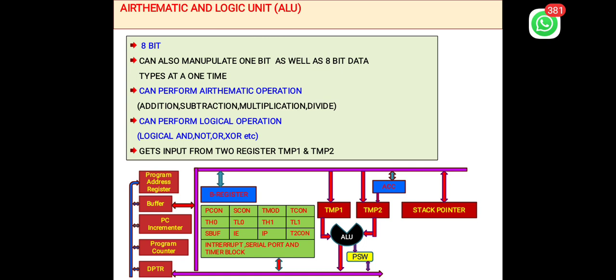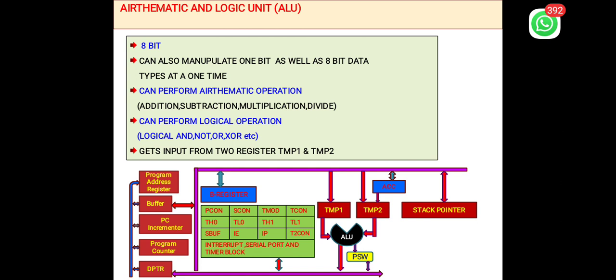Arithmetic and logic unit, ALU. It is an 8-bit unit, meaning the data bus can transmit 8 bits internally from one place to another. ALU can also manipulate 1-bit as well as 3-bit data types.